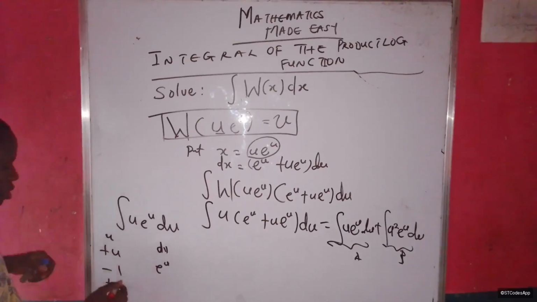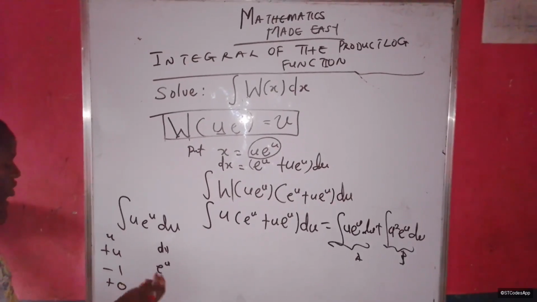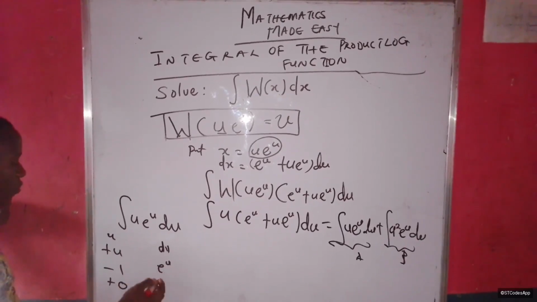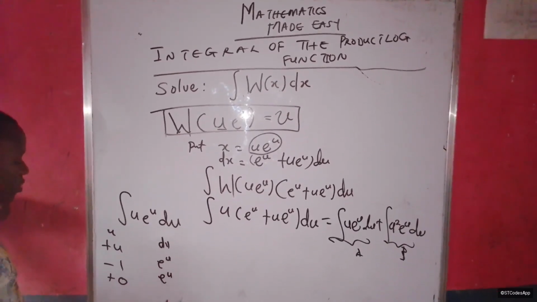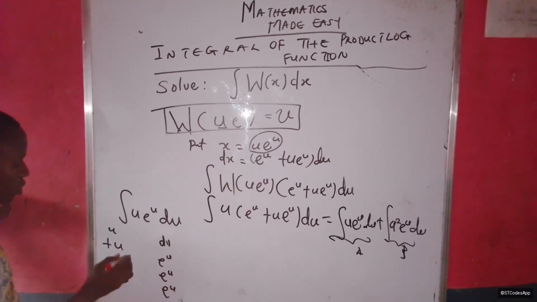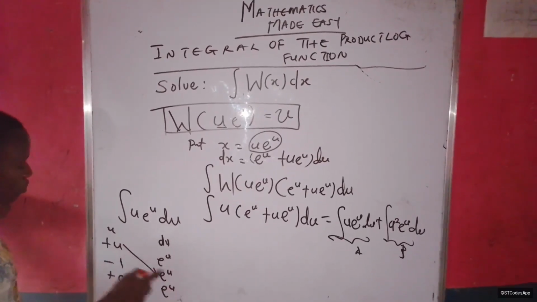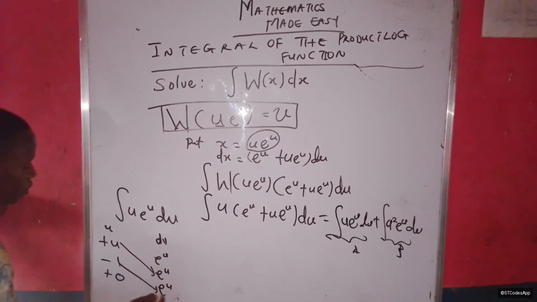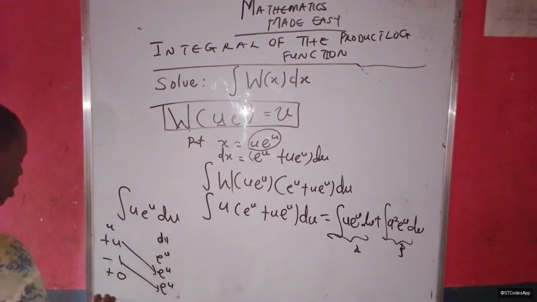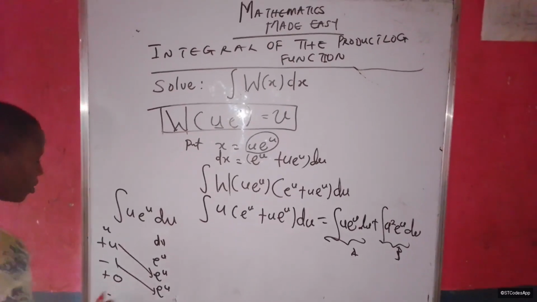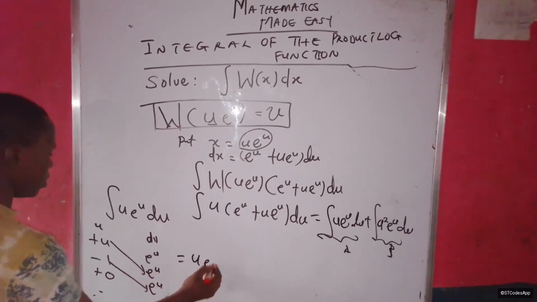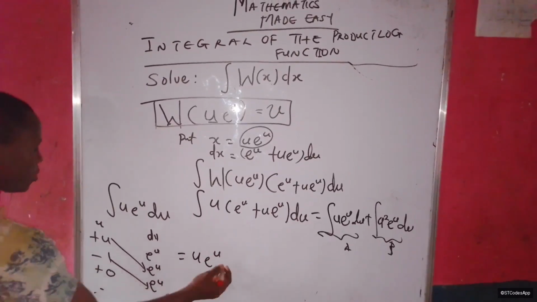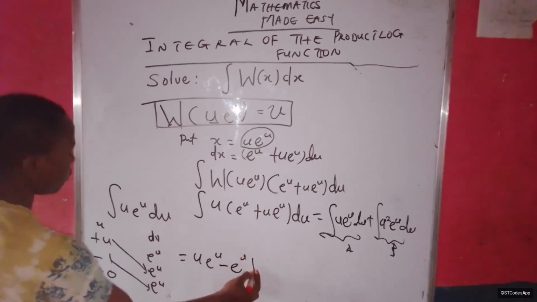If I differentiate 1, that will be 0. If I integrate e raised to the power of u, that's e raised to the power of u. So I'm going to have u e raised to the power of u, minus 1 times e raised to the power of u, that's minus e raised to the power of u, plus c.